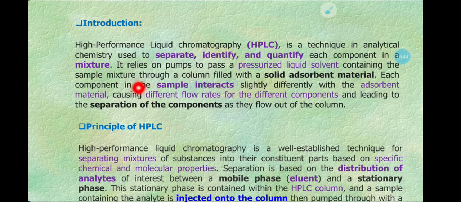Each component in the sample interacts slightly differently with the adsorbent. That means the sample is distributed between the mobile and stationary phase, and the separation of the components takes place in the column, and that can be detected by a detector.